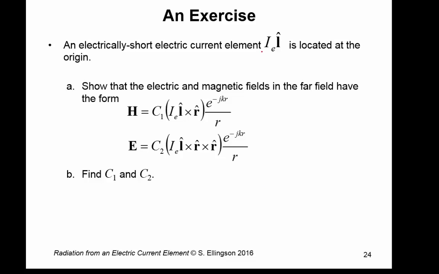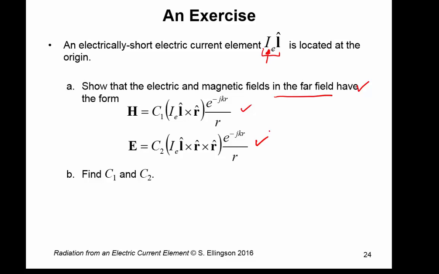Given an electrically short electric current element, I sub e L hat, where I sub e is some linear distribution of current, show that the electric and magnetic fields in the far field of this current element have the following form. So here's H and here's E. You see no x's, y's, and z's here.